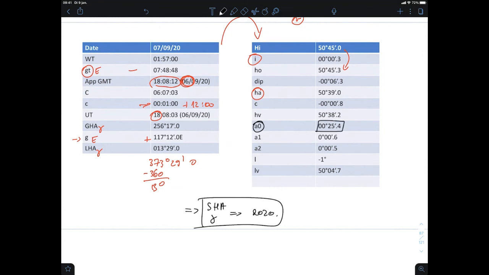A0, if we use the correct table for 2020, if you look it up in your nautical almanac, you will find that it's 25.4, and that the correction for A1 will be 0.6 and 0.5. All these corrections are to be added, and then afterwards you have to subtract 1 degree. And so this gives you then a true latitude of 50 degrees 04.7.